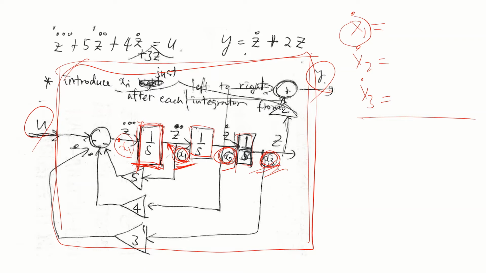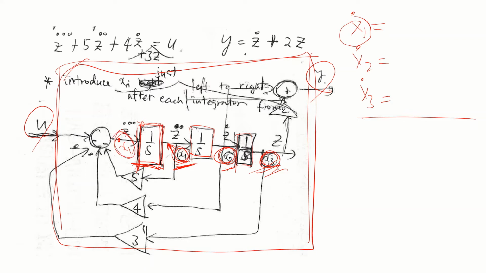Okay, this order of definition is quite important. If you define the state variables in a different way, then you end up with a different state model. Okay, so what is x1 dot?